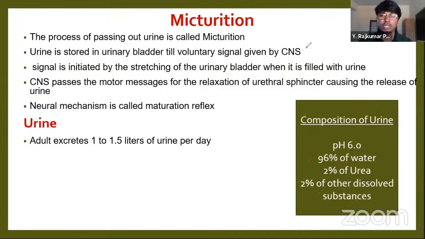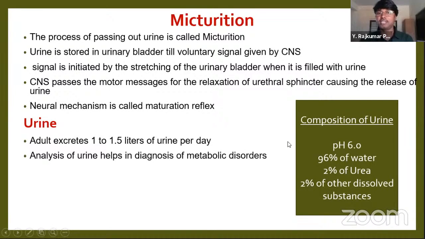How much urine is released every day by a normal adult? A normal adult excretes around 1 to 1.5 liters of urine per day. You can look at it here. But how much urine is actually filtered by the kidney? It is 180 liters. 180 liters is actually formed in the kidney, but around 99% is reabsorbed.